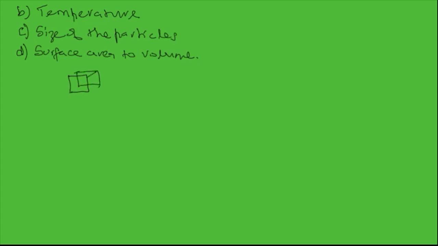So the surface area here is equal to 1 times 1 times 6, that gives you 6, and then the volume is 1 times 1 times 1, so this is 6 to 1. Hence, surface area to volume ratio is 6 to 1.